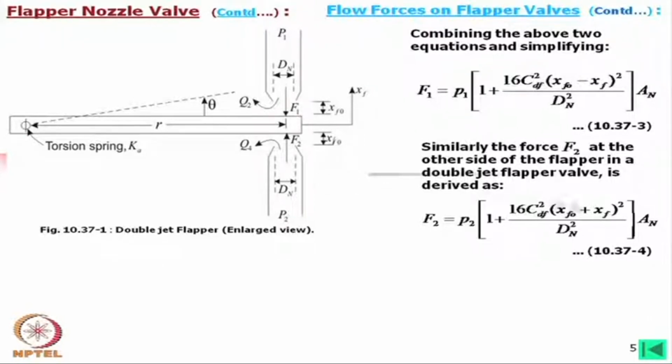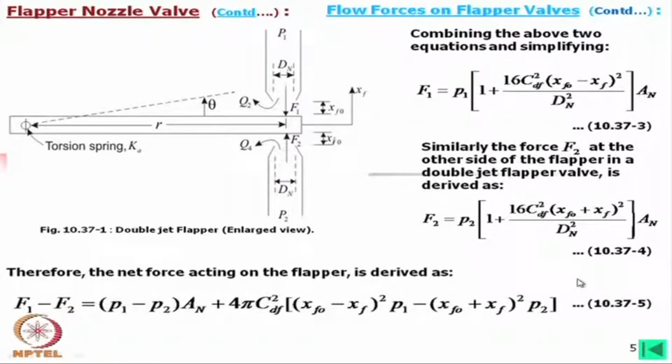In this case, due to this motion, this height is being increased. So, this will be plus sign here. Now, if x f itself is negative, then automatically this will be corrected. So, these equations we can use, this is the general form of the equations. Okay.